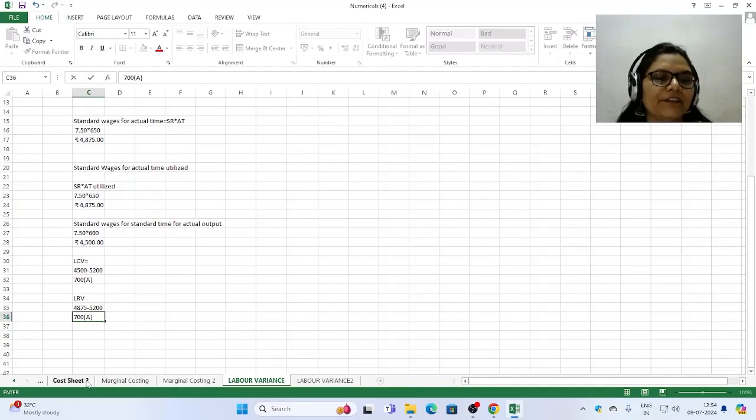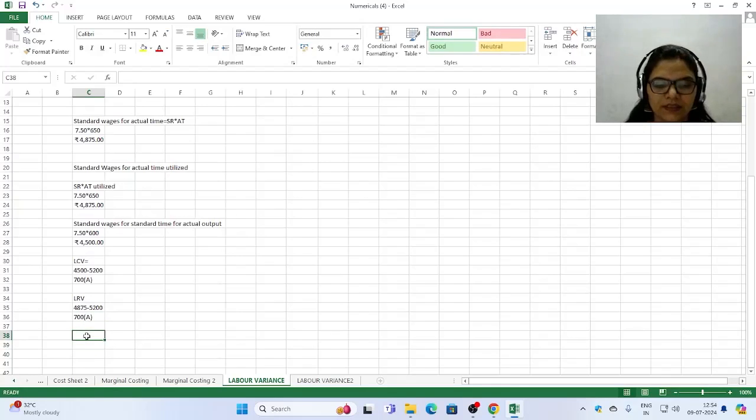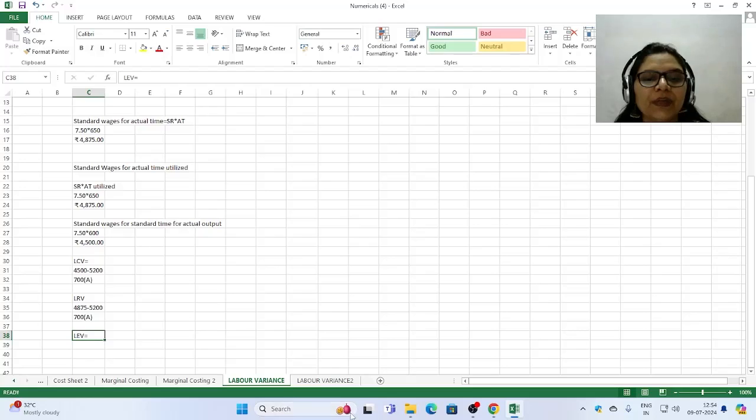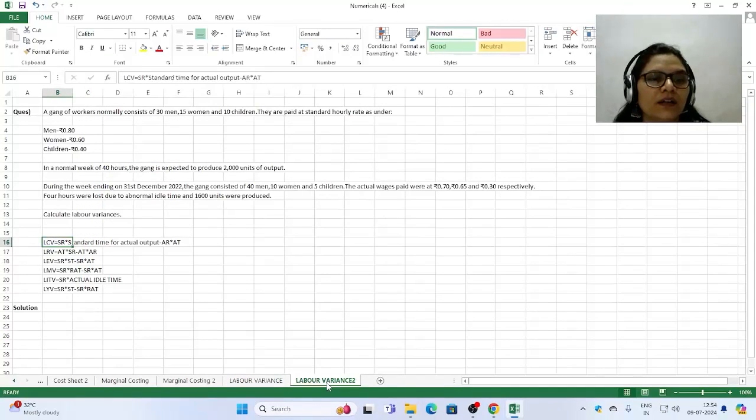Next is labor efficiency variance. The formula for calculation of labor efficiency variance is standard rate into standard time minus standard rate into actual time.